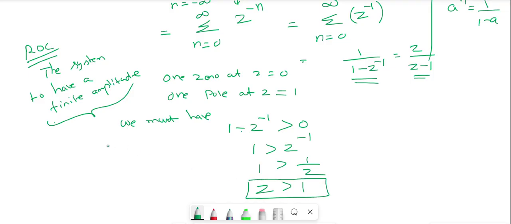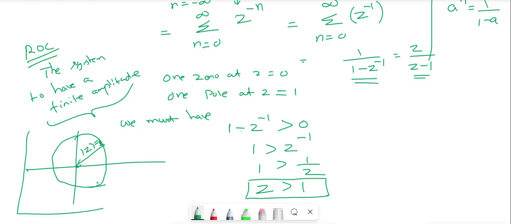Now how do you represent this ROC in the z plane? This is z equal to 1. This is 1.